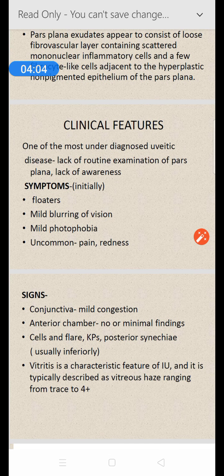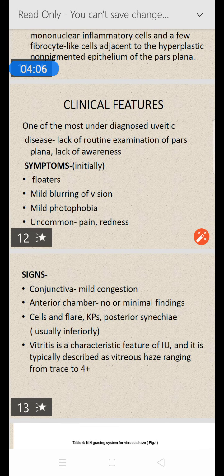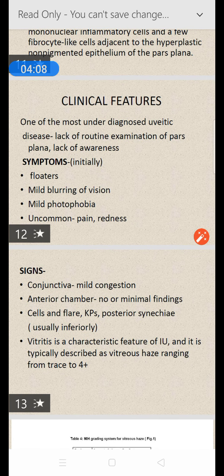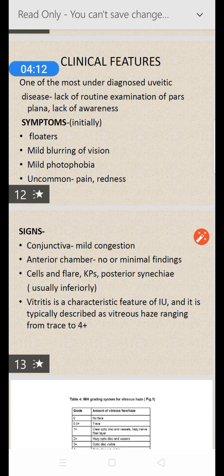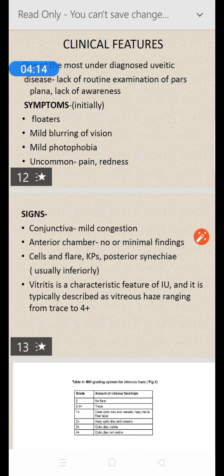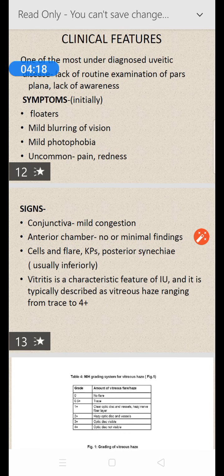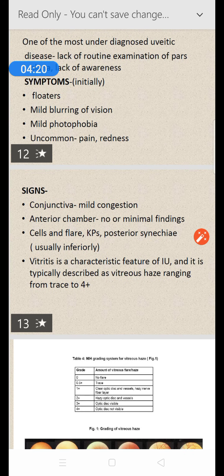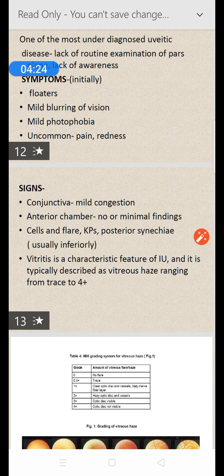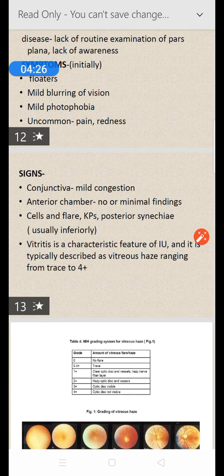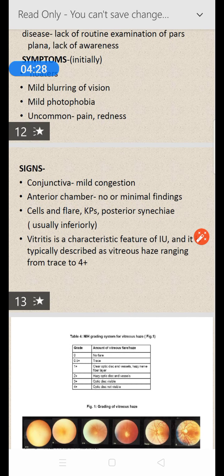Still, there are some symptoms and signs you can elicit. What are the most common symptoms? Most commonly, floaters, mild blurring of vision, and mild photophobia, whereas pain and redness are uncommon, whereas in anterior uveitis the patient most commonly comes with pain and redness.